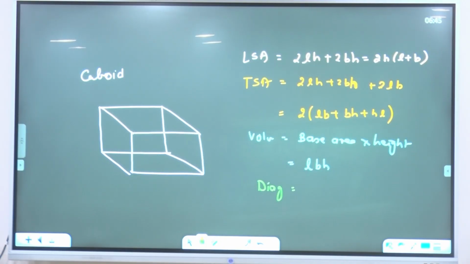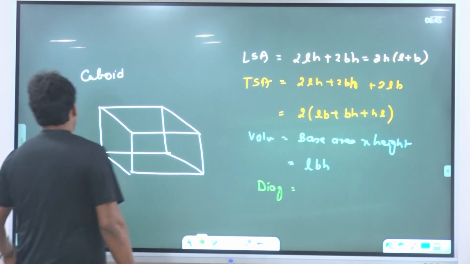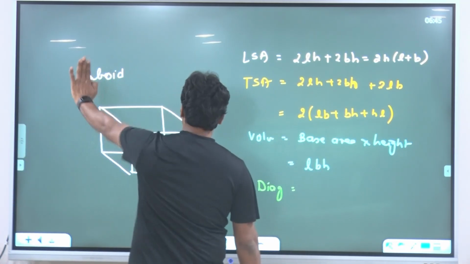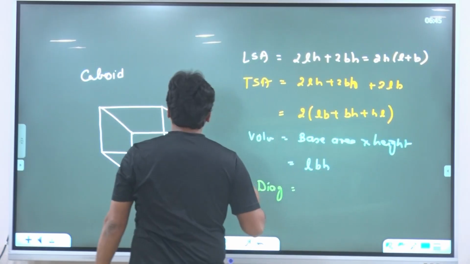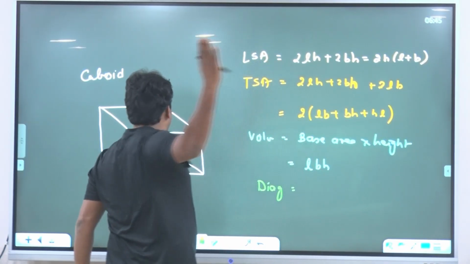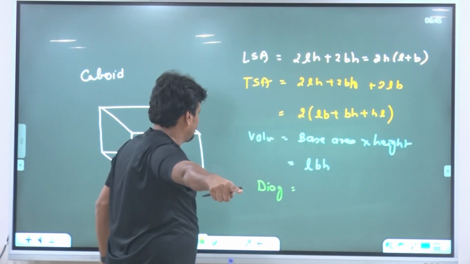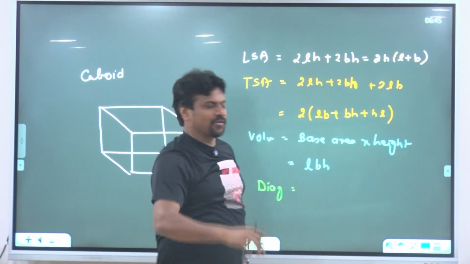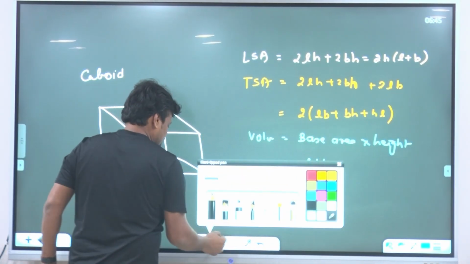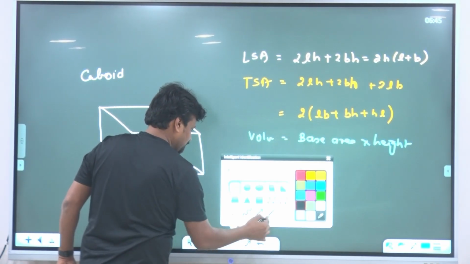Kavya is completely right. Your left hand front wall top corner, see again, left hand front wall top corner, to right hand back wall down corner. That is the diagonal. In this case here, the diagonal is this.